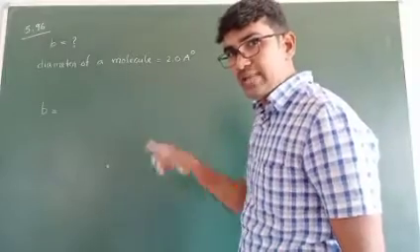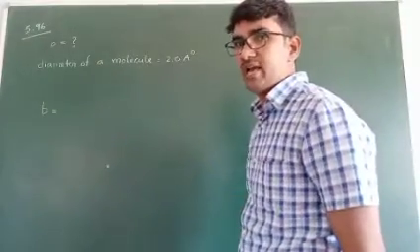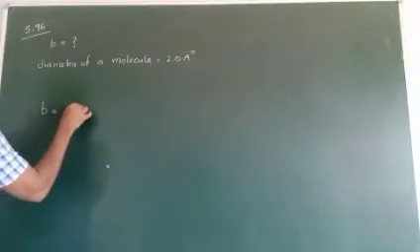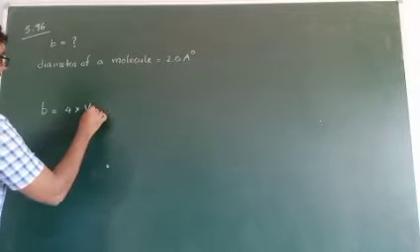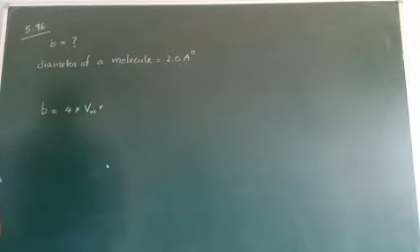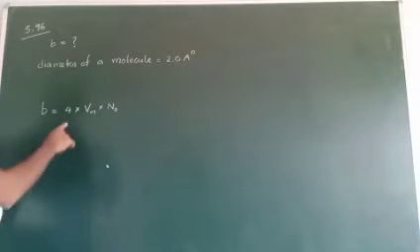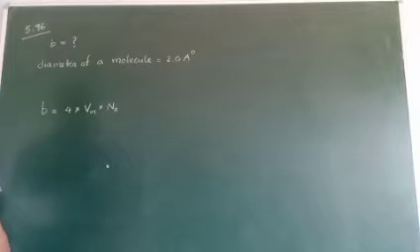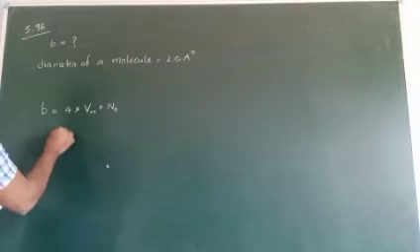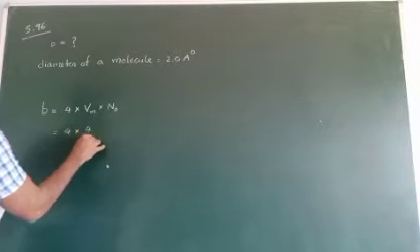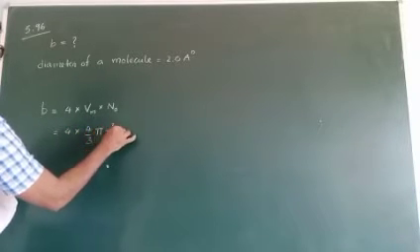But there is no direct formula with diameter. With radius, one formula is there. That is 4 into V volume into N naught, Avogadro number. This is the formula. Volume we can calculate as 4/3 pi r cube.